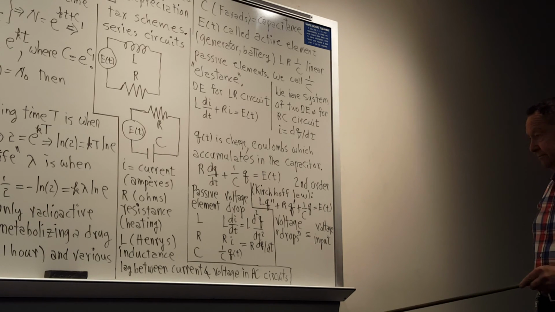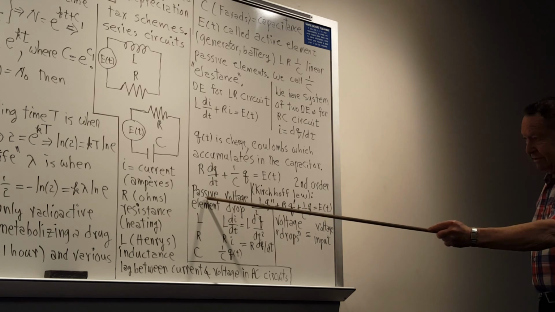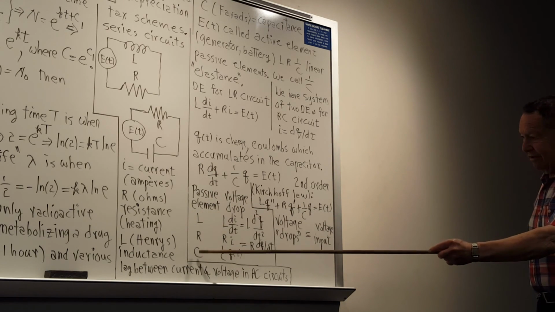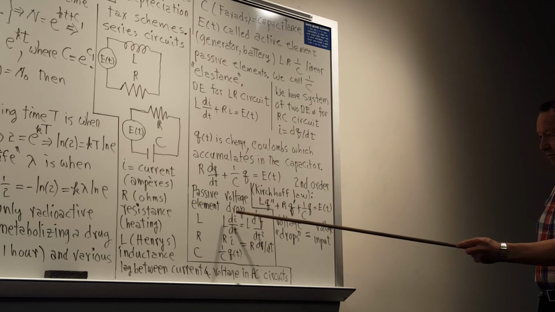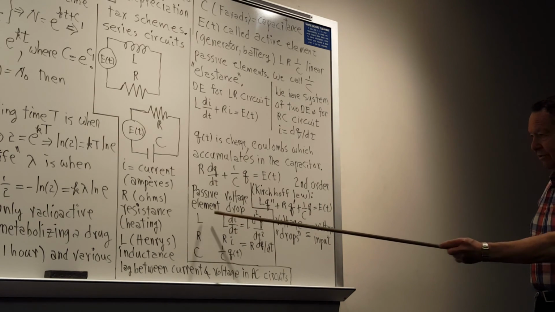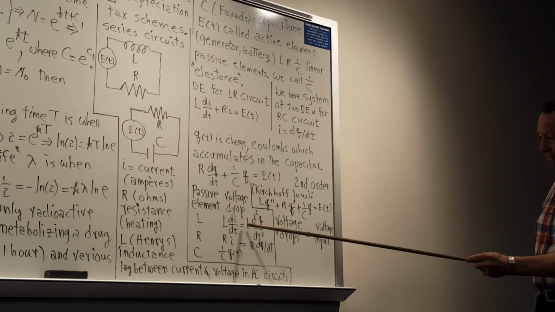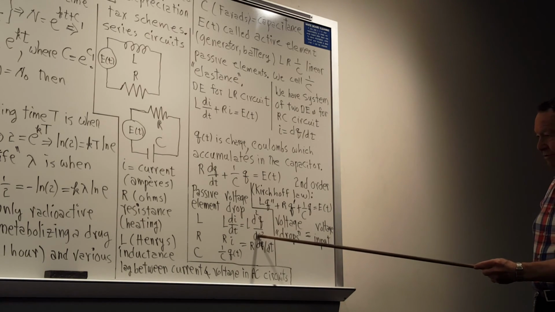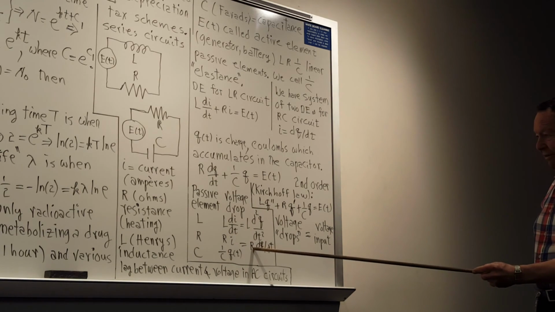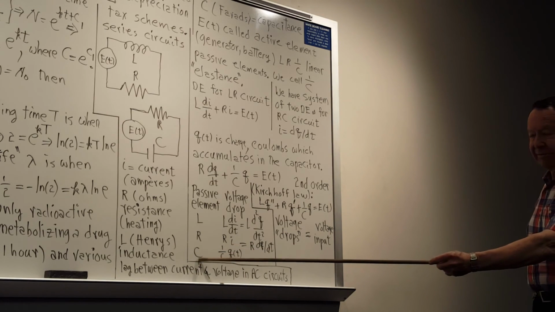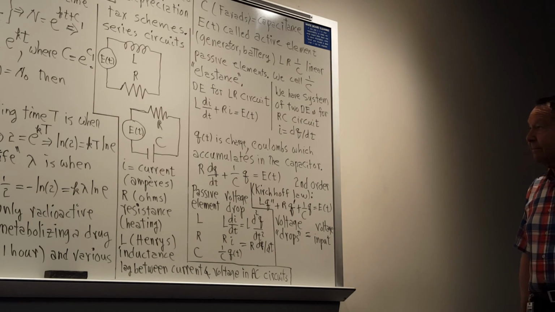And then you have the general situation where, with the passive elements, the L, the R, and the capacitance, the voltage drop across L is L di/dt, or L times the second derivative of charge. Across R, it's Ri, or R dQ/dt, and across the capacitor, it's the elastance times Q.